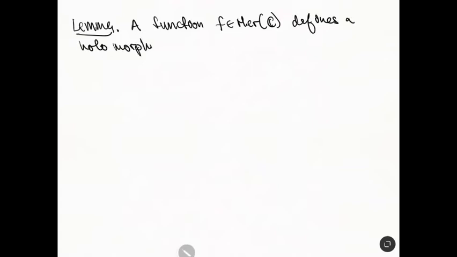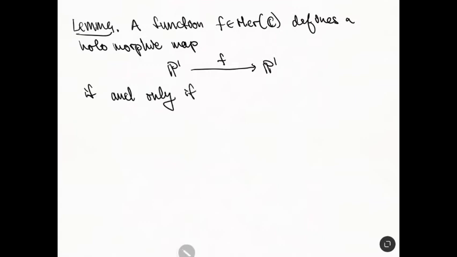A function f in mer C defines a holomorphic map from P1 to P1 if and only if, let's say, f is a rational function.